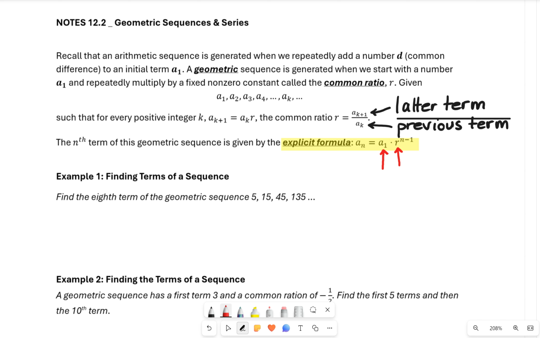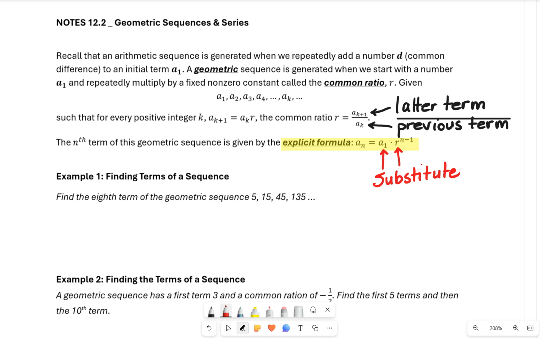Always substitute a1 and your r, and that's your explicit formula once you have written it out completely. That nth term formula helps you find any term given its position in a sequence.